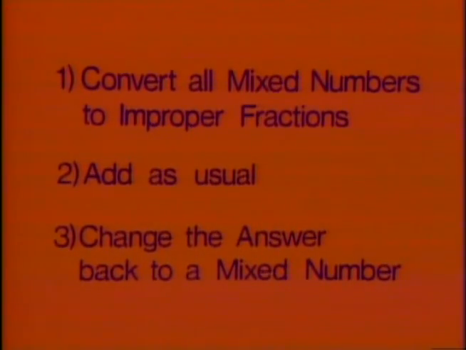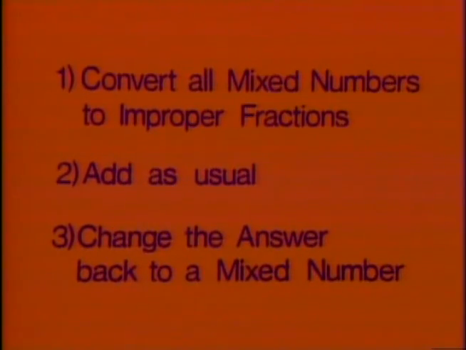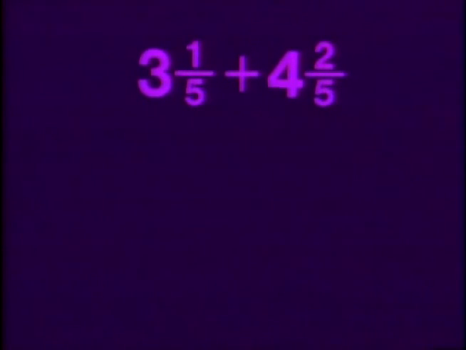There's one altogether different way to add mixed numbers. It's easier in theory, but harder in practice. It's simply this. To begin, convert all mixed numbers to improper fractions. Then add as usual. Your answer will be an improper fraction. To complete the problem, change the answer back to a mixed number. Let's try the very first example by this method.